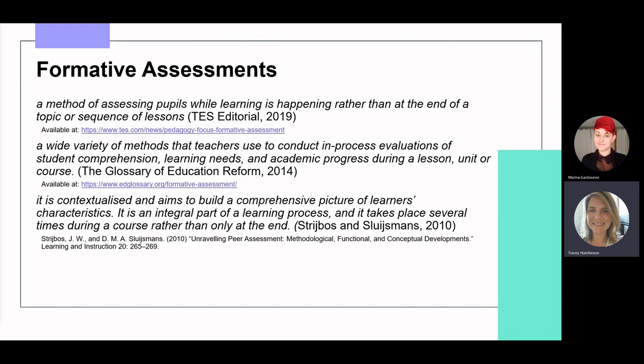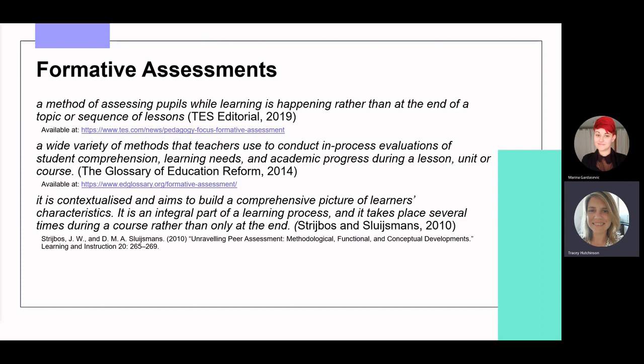The final example brings in the need for assessment activities to be contextualised, which is important, but also used to assess our students' characteristics, which I think is an interesting point and implies a more holistic approach to formative assessment.